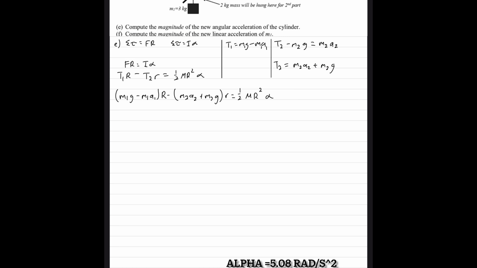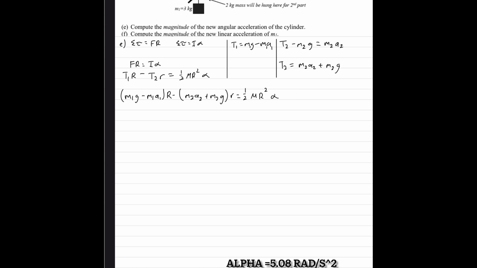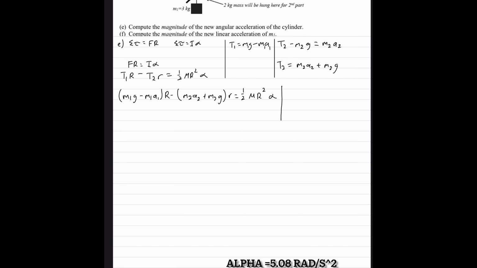And then now we want alpha, not the linear acceleration, so I'll change off the a. So A1 is capital R alpha, right? They should all have the same alpha because it's the same system, same rotation. It's capital R because that's the distance away from the solid cylinder for the M1. And A2 is lowercase r alpha, right? Of the rod. That's the radius of the rod.